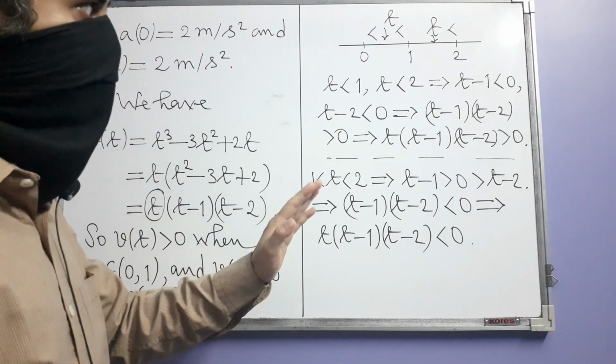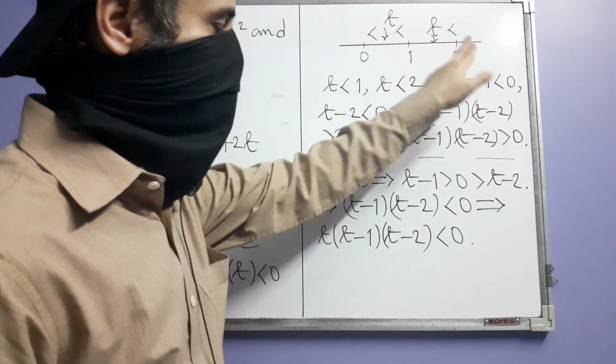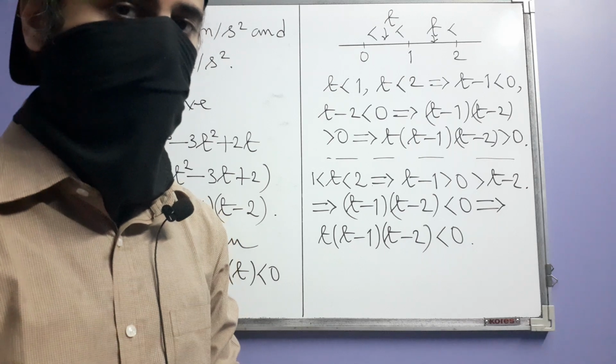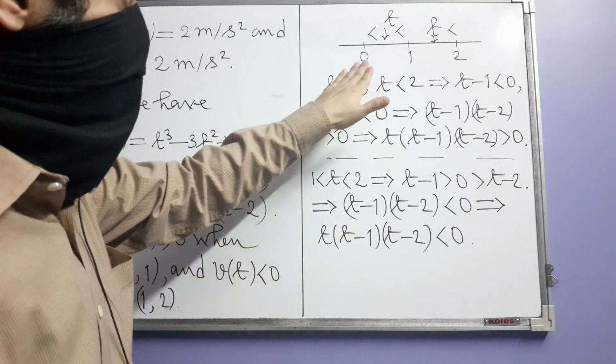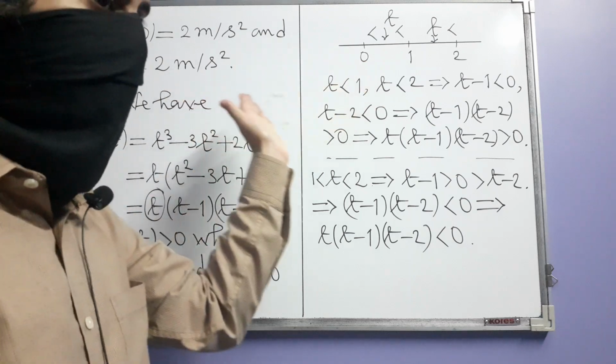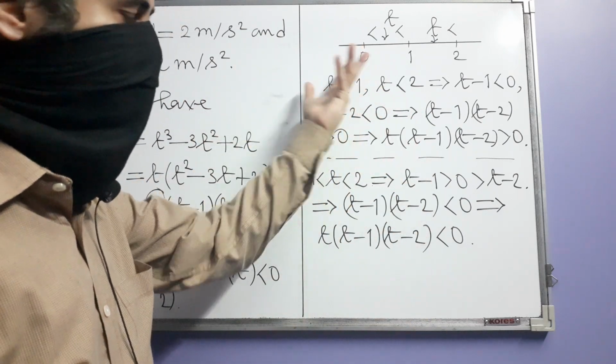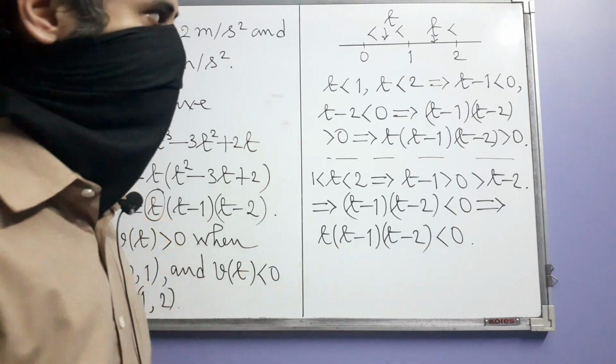Actually, we should also consider the motion of the body beyond this t equal to 2 second mark. We are not considering the motion on this side of t equal to 0 for the obvious reason that we do not consider negative time.